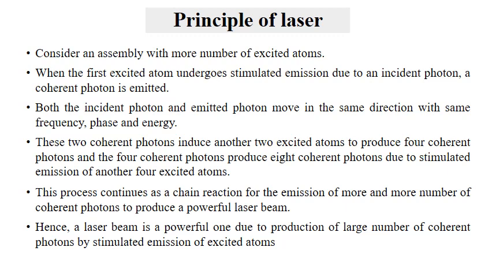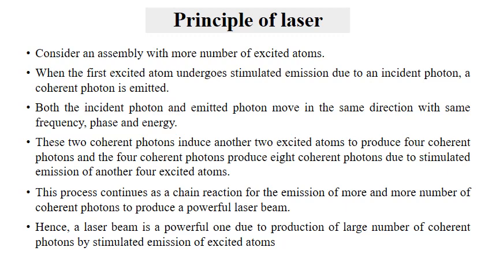Both the incident photon and the emitted photon move in the same direction with same frequency, phase and energy. These two coherent photons induce another two excited atoms to produce four coherent photons, and the four coherent photons produce eight coherent photons due to stimulated emission of another four excited atoms.